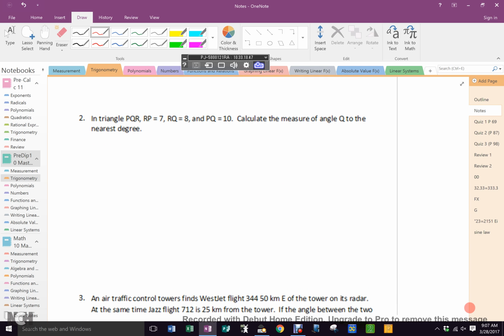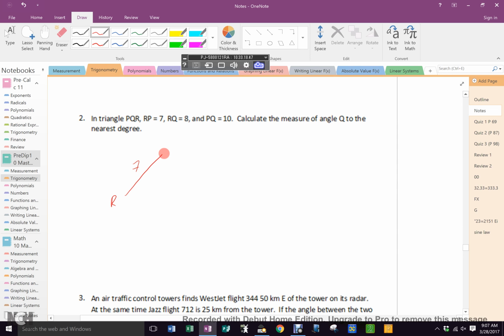Next triangle. Read it. Tell me what I have. I got what? I got 3 sides, right? I got RP, which is the short one.